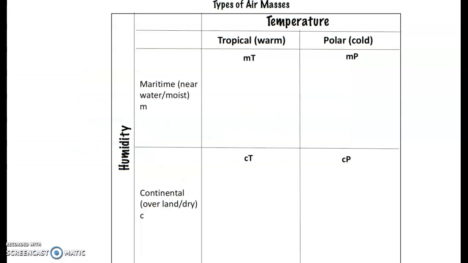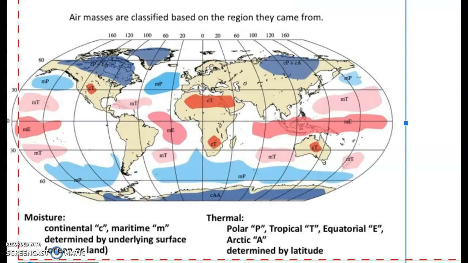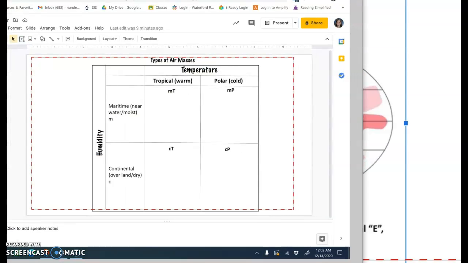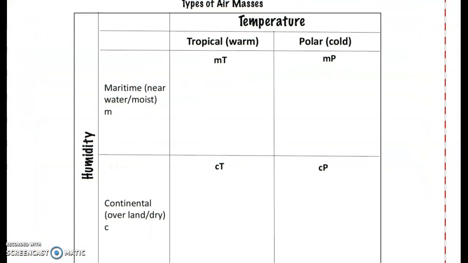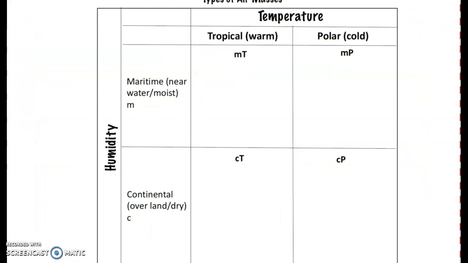So let's fill out this types of air masses sheet that we have here. And so I'm going to just make it so I can write on it with you. So you should have this in your packet. And so if it's maritime, that means it's near water, so you're most likely going to be moist, and it's going to be warm.